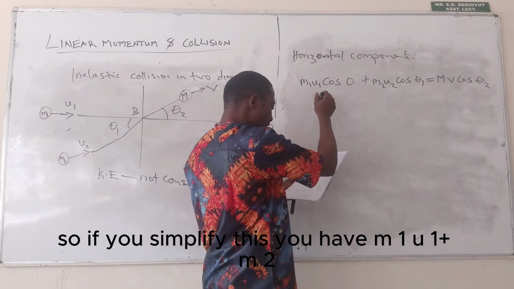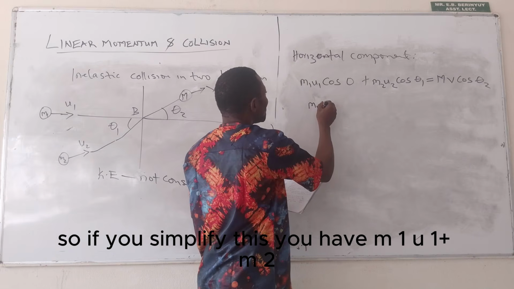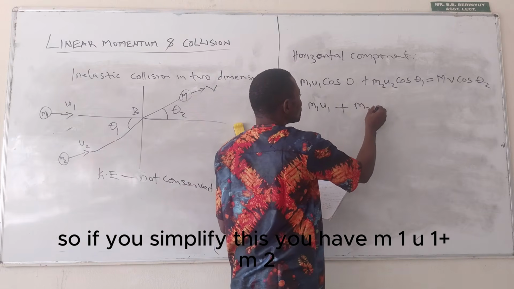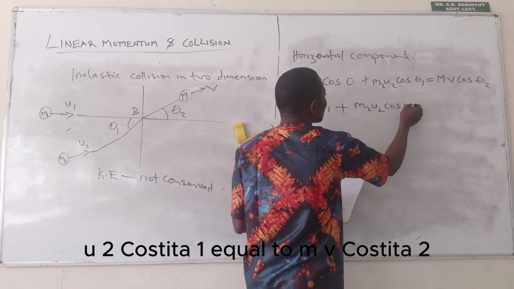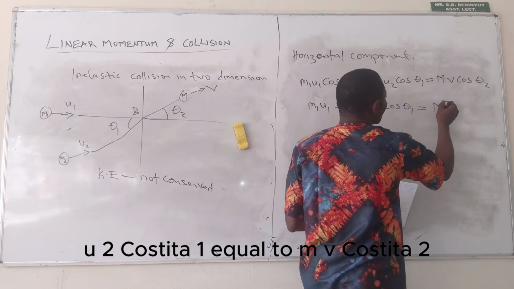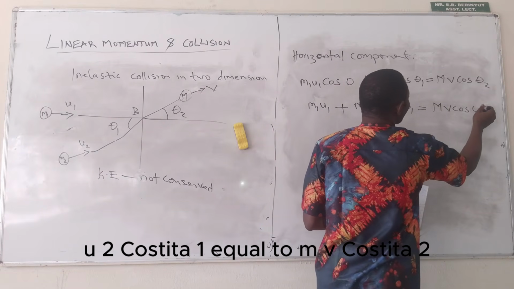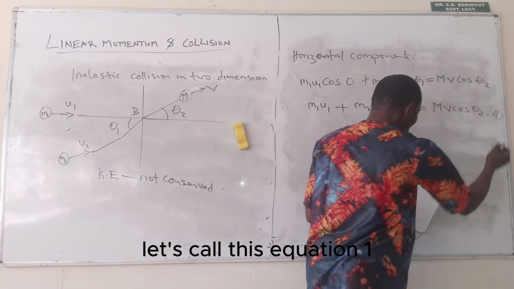So if you simplify this, you have m1 u1 plus m2 u2 cos theta 1 equal to mv cos theta 2. Let's call this equation 1.